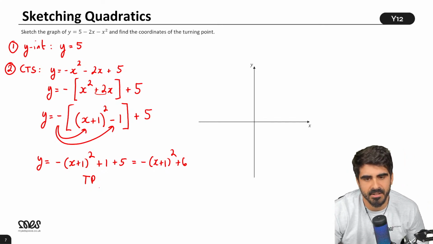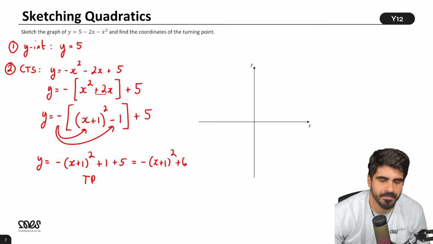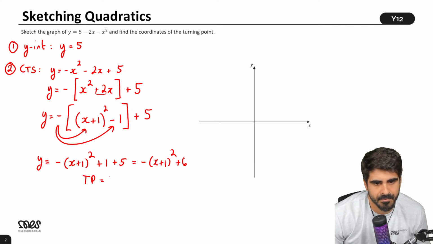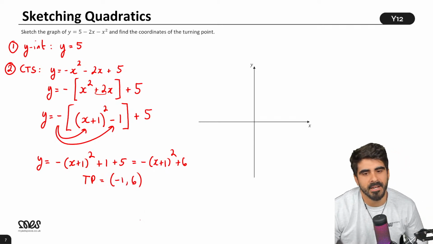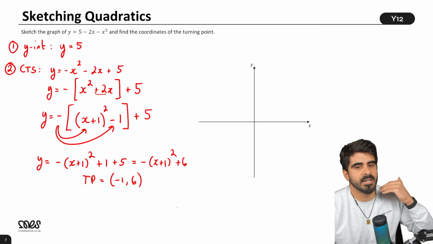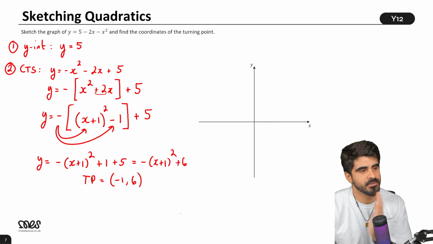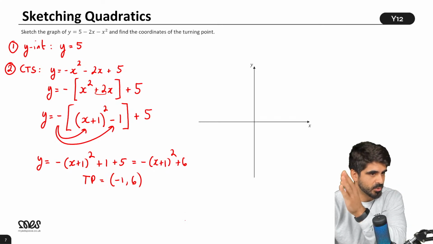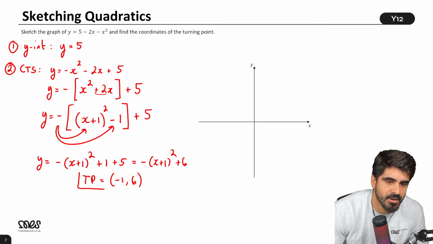So as you read that, what is your turning point? Minus 1, 6. Good. So applying the same concept here, minus 1, 6. But in terms of the transformation, guys, you would be doing left 1, reflect, then up 6. So because you're going left 1 and up 6, you have that minus 1, 6 up here. So that doesn't change, yeah? It's just going to be an upside down quadratic.